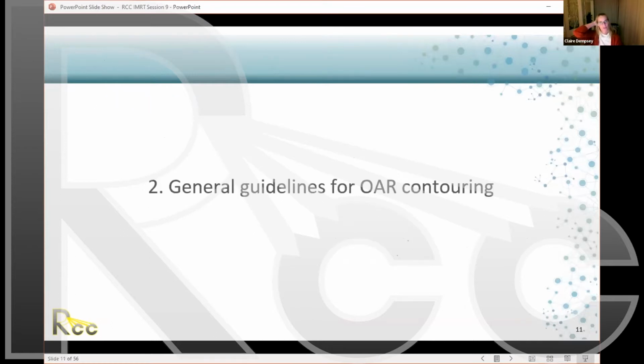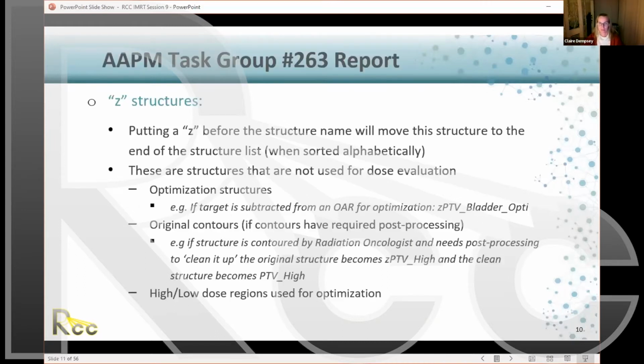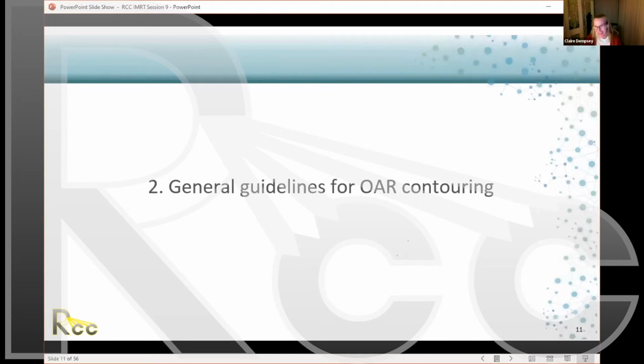So that was a very quick overview of what TG 263 is all about. So I recommend that as a department, you get a copy of this and then you write out the guidelines that are relevant for your department and you start moving towards that standardization of that particular report.